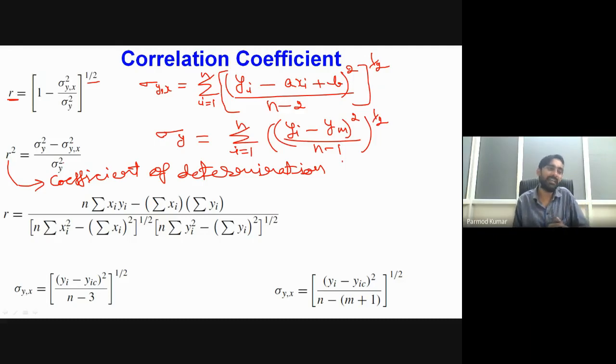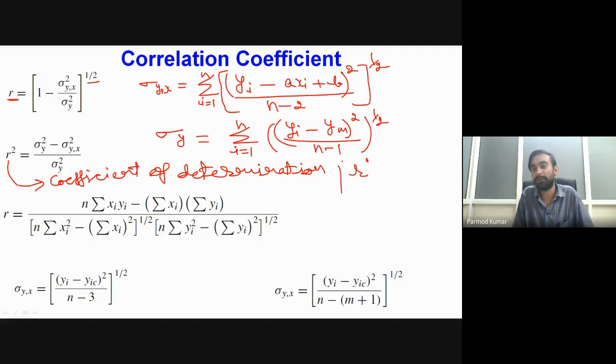From here you can clearly see that if sigma_yx is 0, that represents a perfect match between the observed data and the actual data. Sigma_yx will be 0 when yi and a xi plus b are the same. So if we have a perfect match between the fitted curve and our observed data, sigma_yx will be 0 and r squared will be equal to 1.